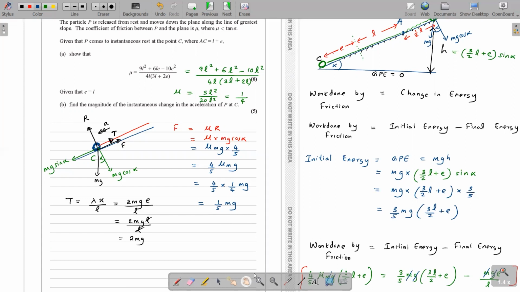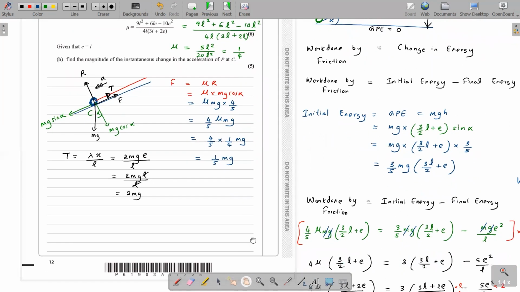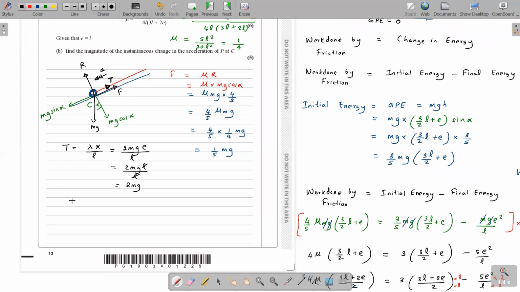Then we are done with everything. We have the tension, we have the friction. All you have to do now is use the equation and find the acceleration when it's on its way down. So we apply F equals ma.